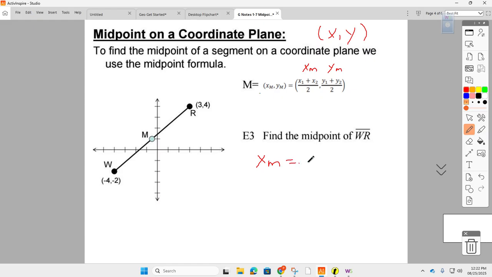X-coordinate of the midpoint: x plus x. Let's go ahead and mark them, x and y, x and y. Always divided by 2. So the x plus the x.